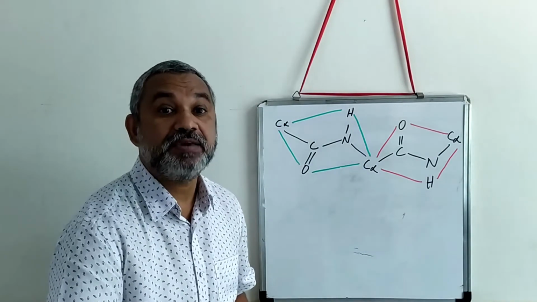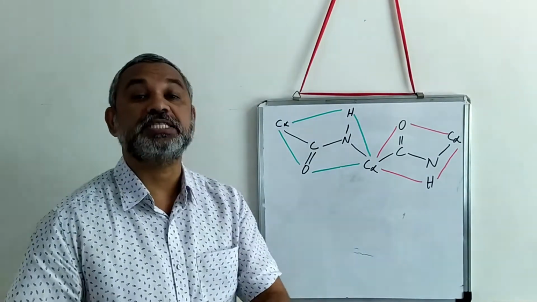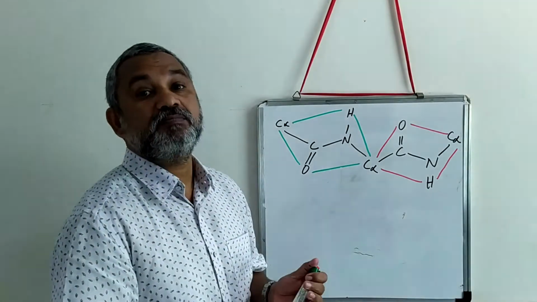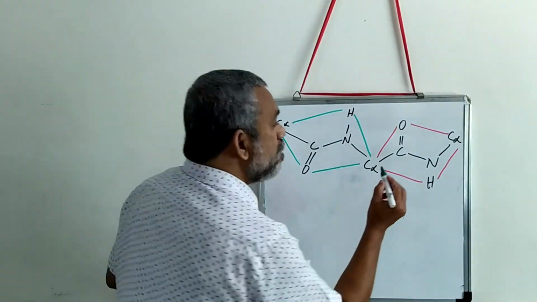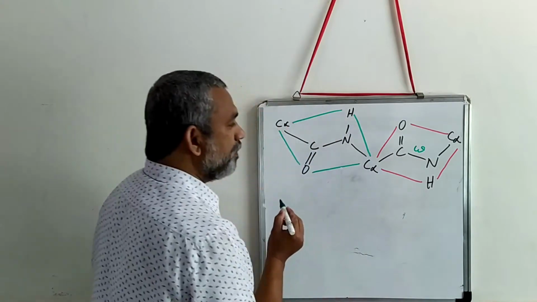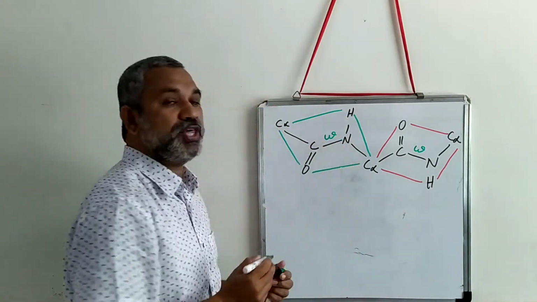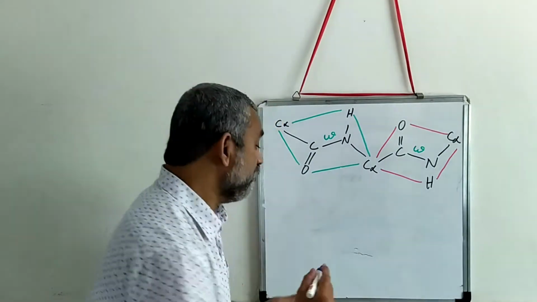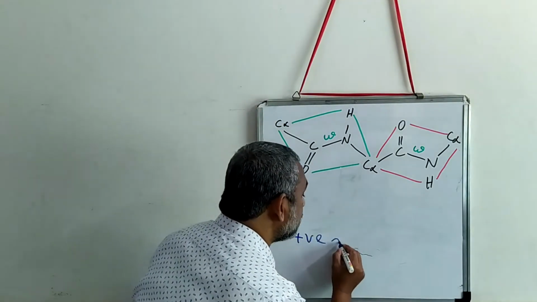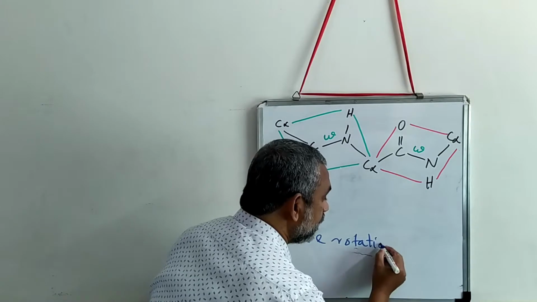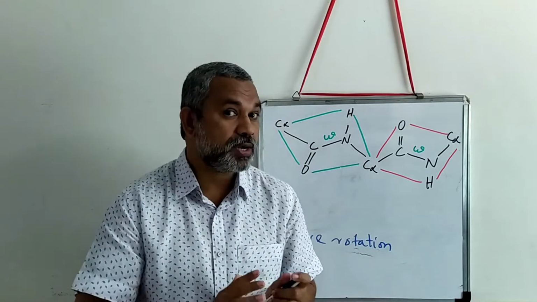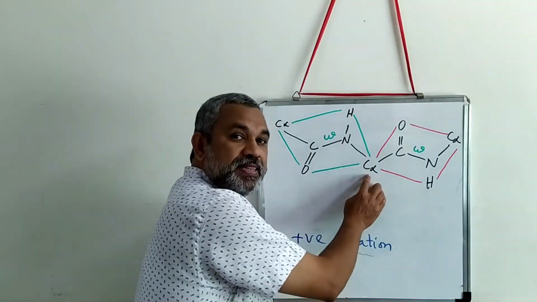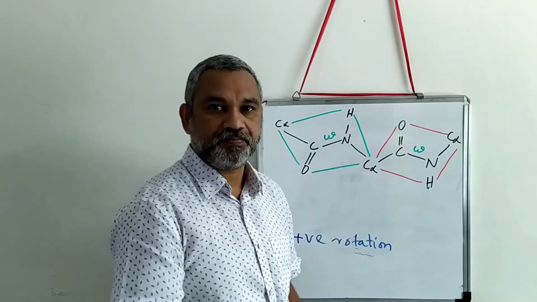Now we need to name these bonds that are formed. The peptide bond is known as the omega bond, and this is also an omega bond. Angles are expressed with a positive rotation, which depends on how you view the bond. Let us look at the C alpha carbon atom.